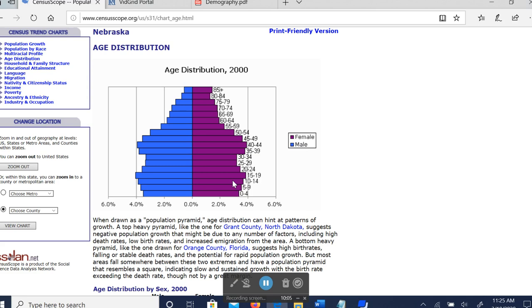So this tells us that population in Nebraska may somewhat decline. There are a few people who are in their infanthood or childhood years or early adolescence years. And there are somewhat larger numbers of teenagers here and somewhat larger numbers of middle-aged groups here. So this implies that population aging began to take place 20 years ago in Nebraska.